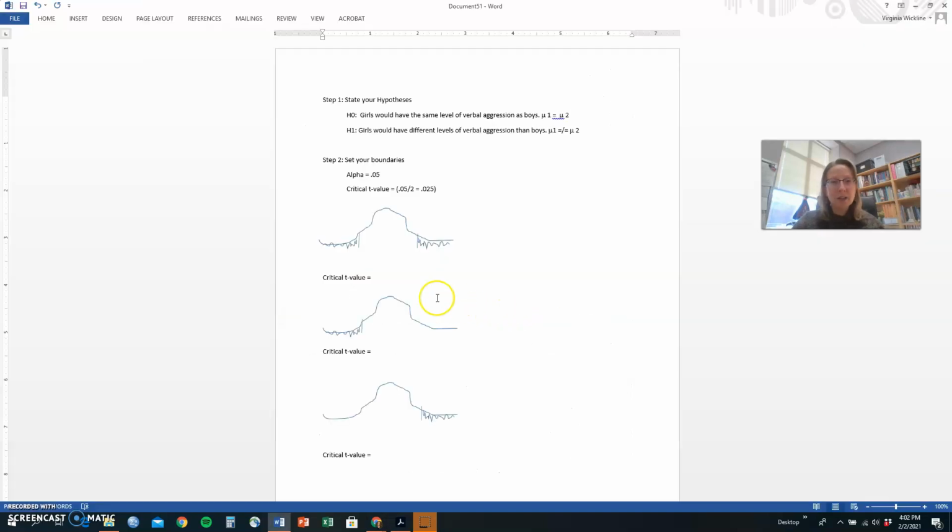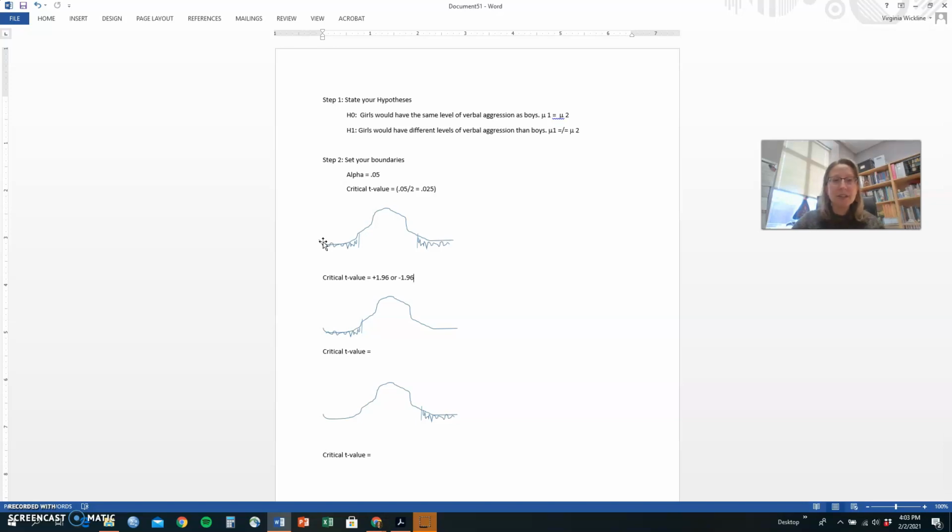So what I'm going to put in on my document, assuming we had a large sample, is plus 1.96 or negative 1.96. That's the t-value of the large sample that we'd need to have for us to go, yep, those groups look really different. That's probably showing something meaningful.